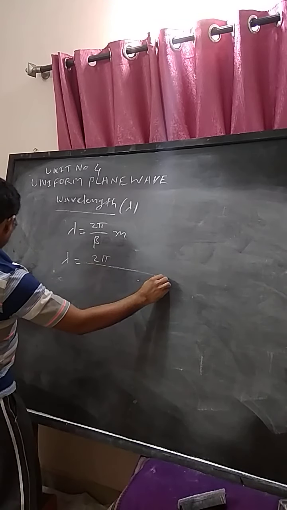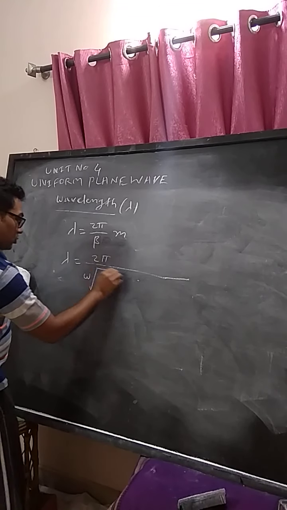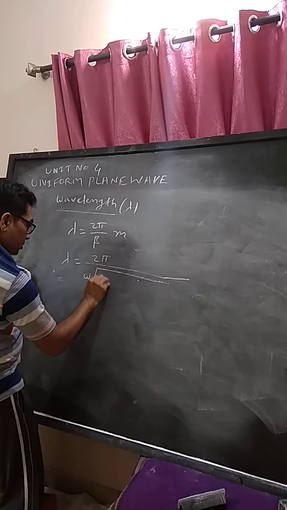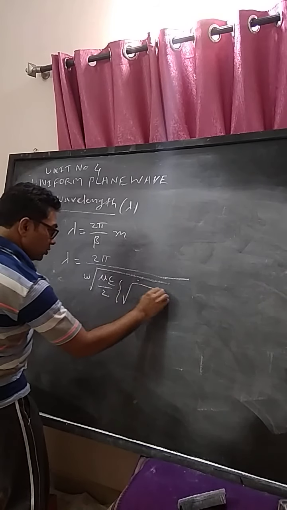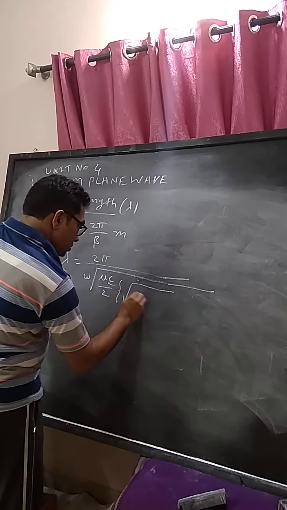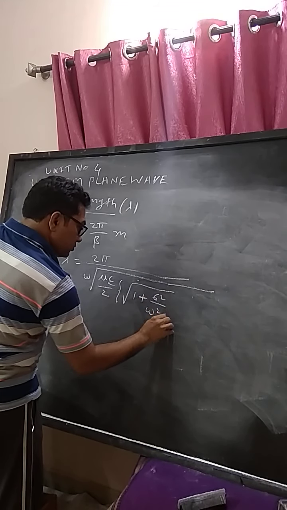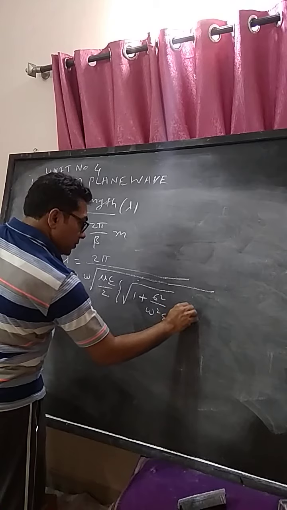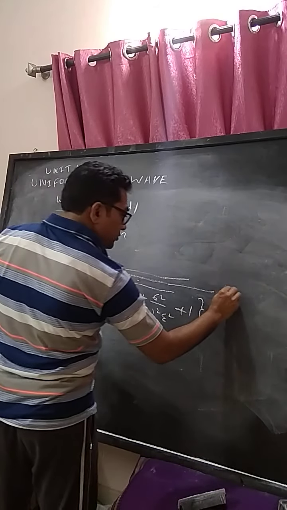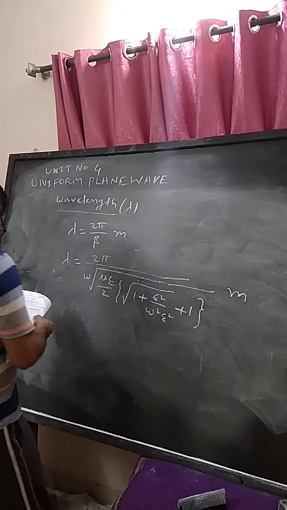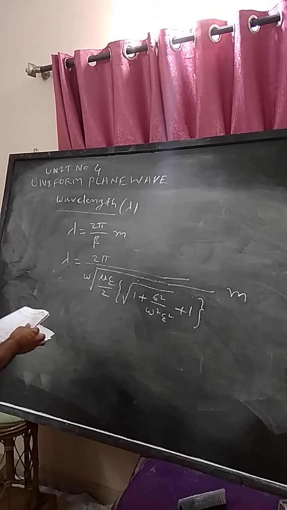Therefore lambda equal to 2 pi divided by beta, where beta is omega under root of mu epsilon by 2 in bracket, under root of 1 plus sigma square by omega square epsilon square, plus 1. The unit of wavelength is meter. So this is the equation for wavelength of propagation of wave.